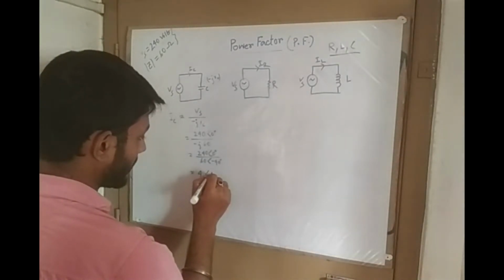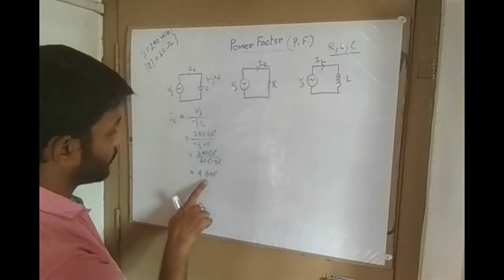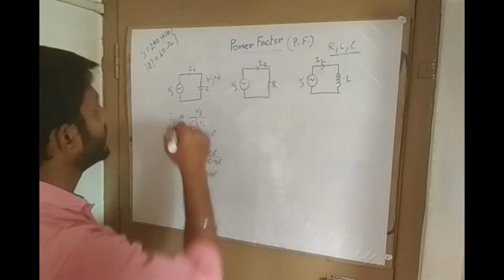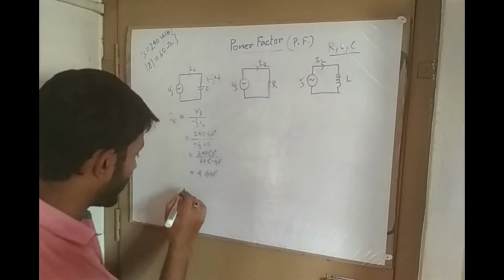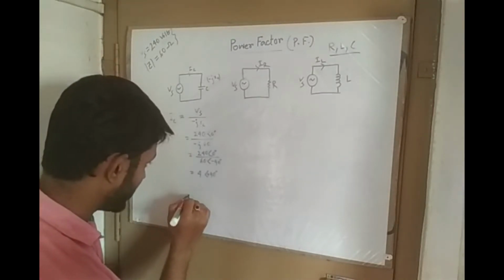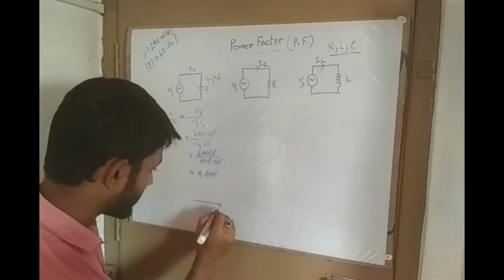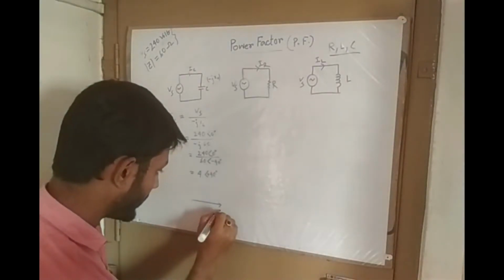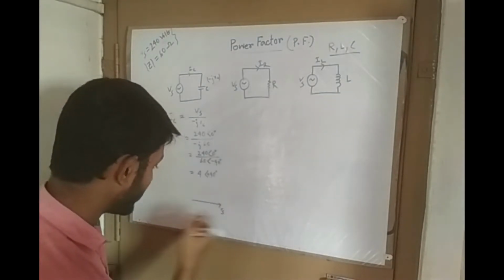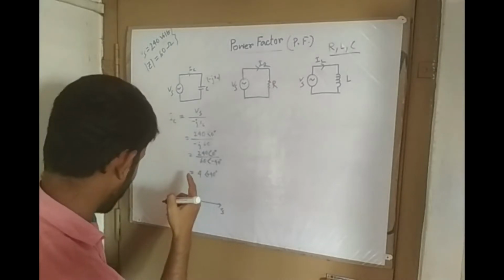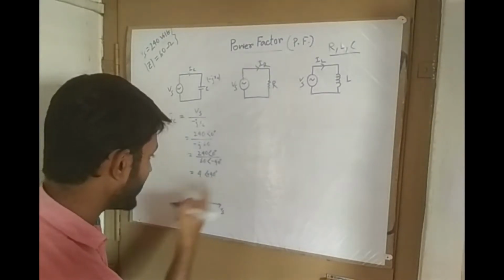For the angle it becomes plus 90 degree. So IC equal to 4 angle plus 90 degree, but Vs is 240 angle 0 degree. So if we draw the Vs, that is 240 angle 0 degree, this is the reference line, so the IC will be 4 magnitude at angle 90 degree.